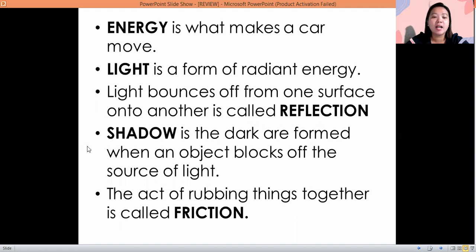Please remember, shadow is the dark formed when an object blocks off the source of light. Next, what is the meaning of friction? It is the act of rubbing things together. So please remember the meaning of energy, light, reflection, shadow, and friction.